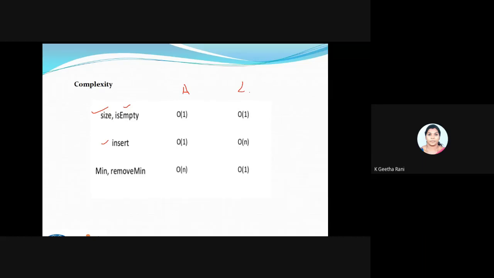But if I want to perform the same insertion for a list, I have to check for the priority. The order of priority should be maintained, then I'll be inserting a value. So it takes order of n, somewhat larger than order of one. The same goes for finding the minimum value and removing the minimum. Here min represents nothing but the smallest key value.